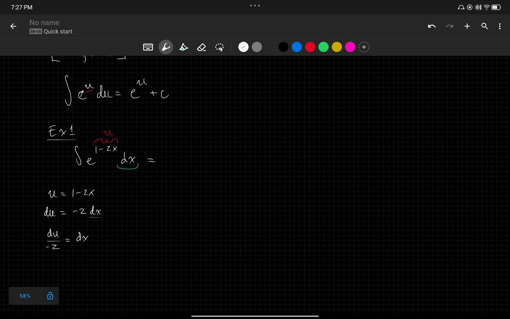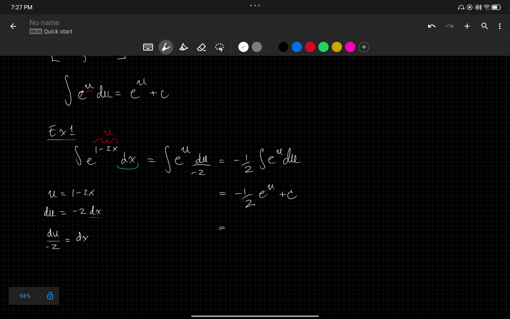Now let's switch it out. We said this is going to be e to the u. And then this guy is du over negative 2. And constants, we factor them out. In this case, it's a negative 1/2. Now that that's out of the way, e to the u du times negative 1/2. The formula says it's e to the u plus c.